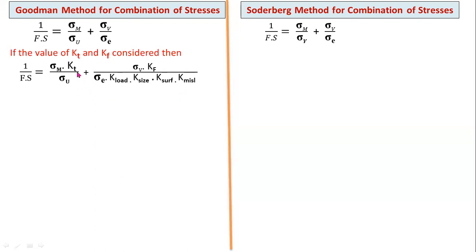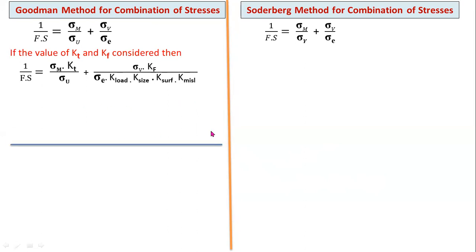Here Kt is the theoretical stress concentration factor, Kf is the fatigue stress concentration factor, sigma m is the mean stress, sigma v is the variable stress, sigma u is the ultimate stress, and sigma e is the endurance limit. K load is the load factor, then the size factor, the surface finish factor, and the miscellaneous factor, for example, the temperature factor.